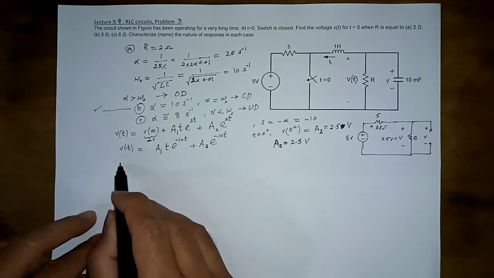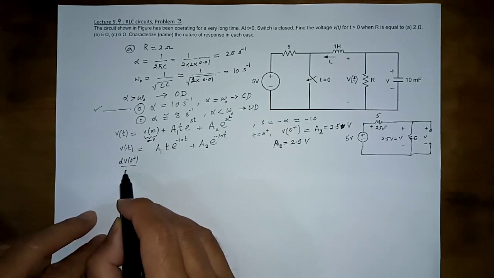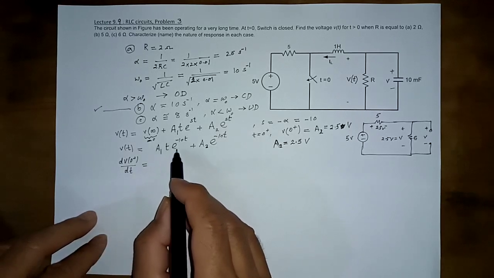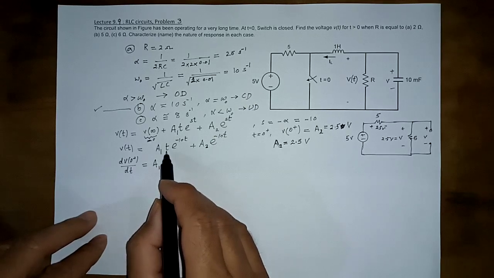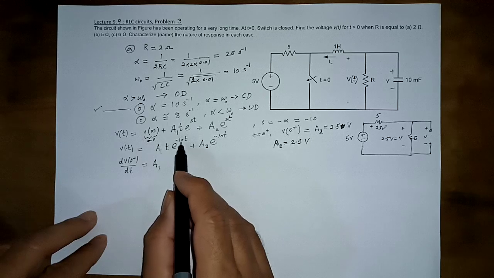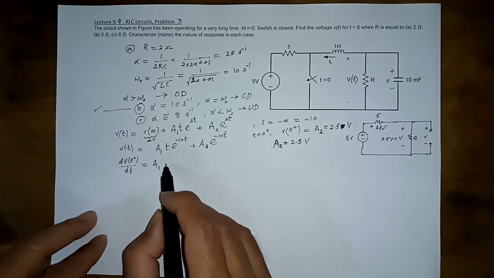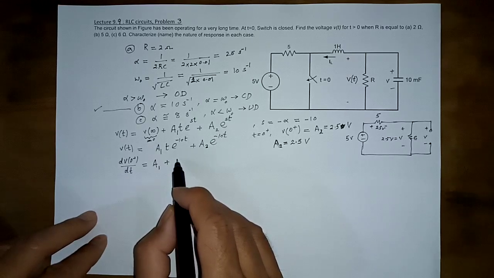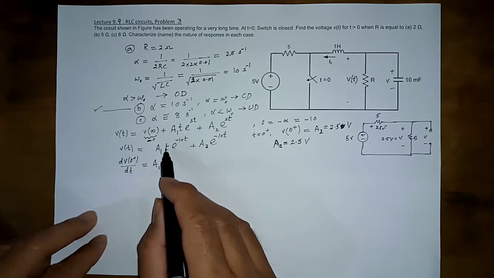So let us now take the derivative dv/dt and put t is equal to 0 in it. In the derivative here, we are going to use the uv formula. So A1 times the derivative of t, which is 1, and putting t is equal to 0 makes this 1, so we get A1 here, plus the derivative of the other term.